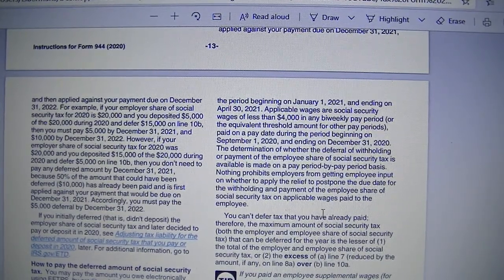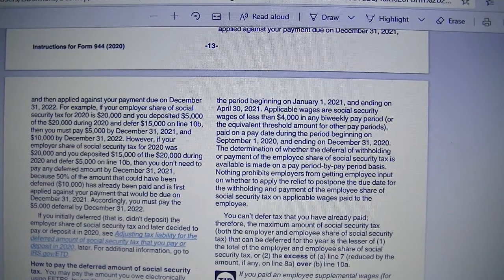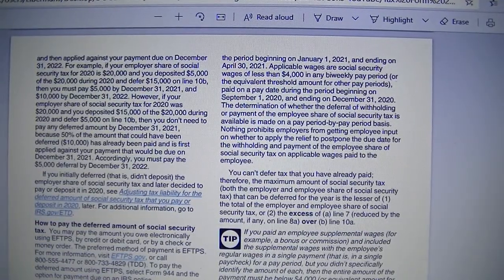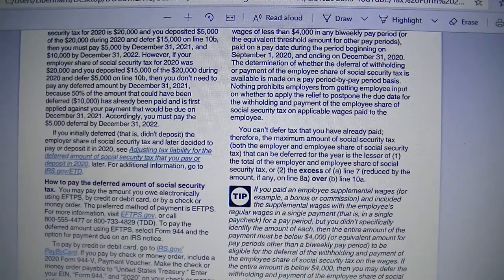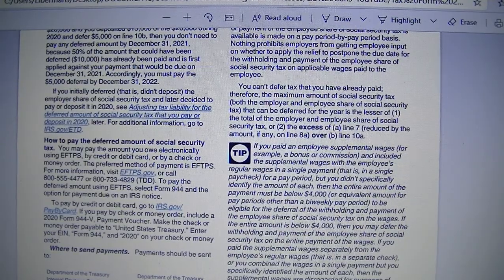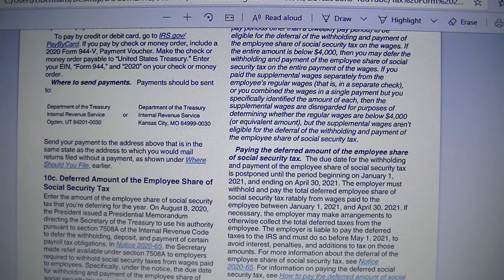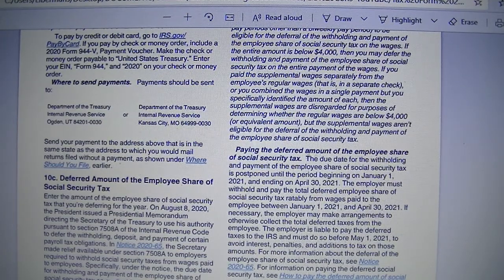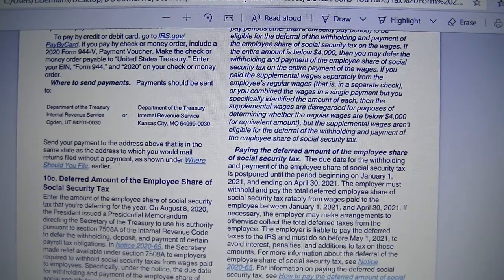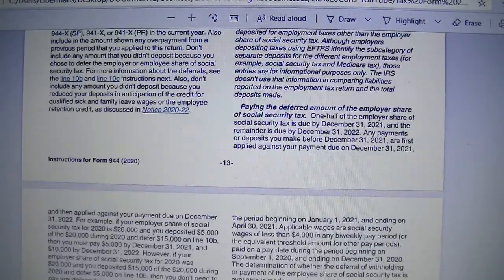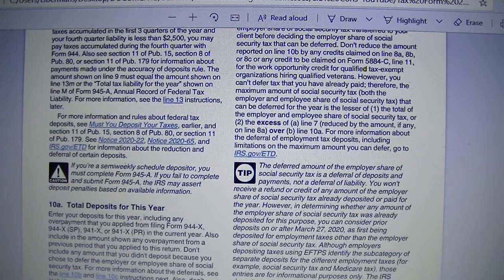You will read the instructions to see if you want to defer payments, what the time frame is for the employer, the dates, and when you should pay those deferred amounts. They address that on pages 13 and 14.